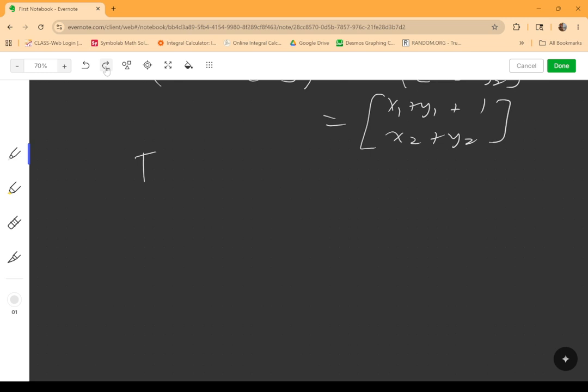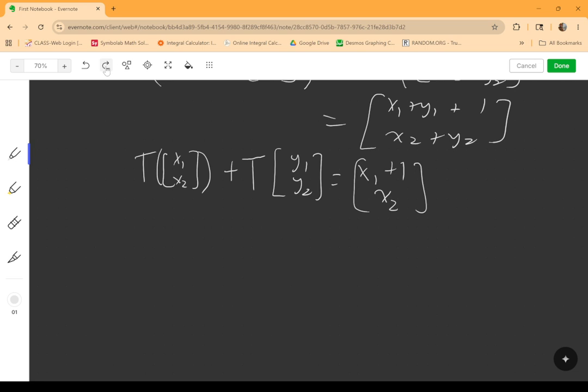So now let's test performing the transformation first, and then adding the vectors. So if I do that, our first transformation becomes x1 plus 1, and the second element is x2, and then that next transformation is y1 plus 1, and y2 is the second element.